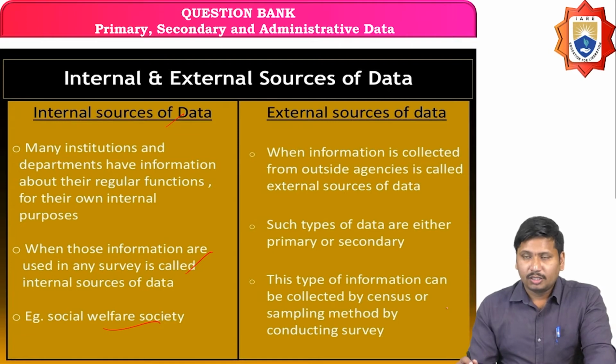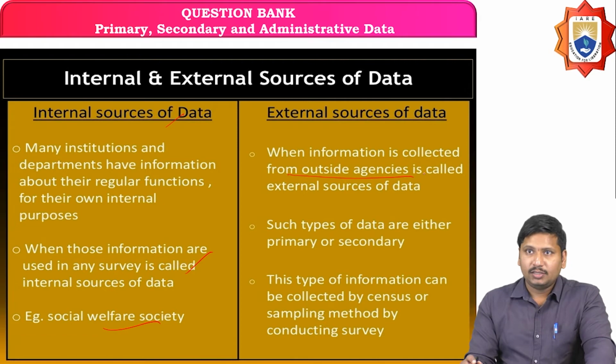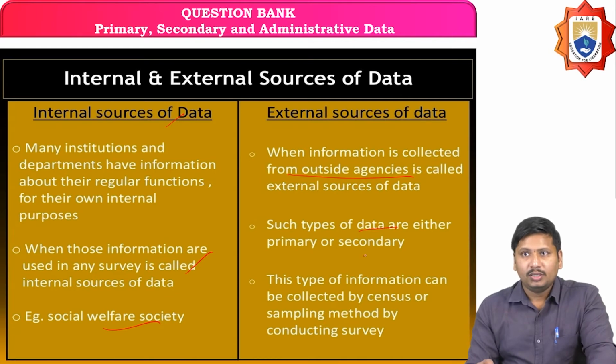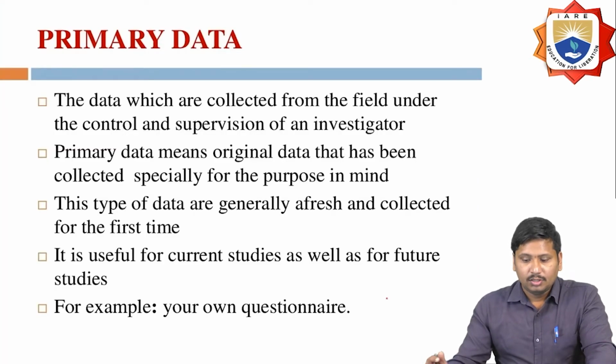If I consider external sources of data, when the information is collected from outside agencies, it is called an external source of data. Such data may be either primary or secondary. This type of information can be collected by census and sampling methods through conducting surveys.